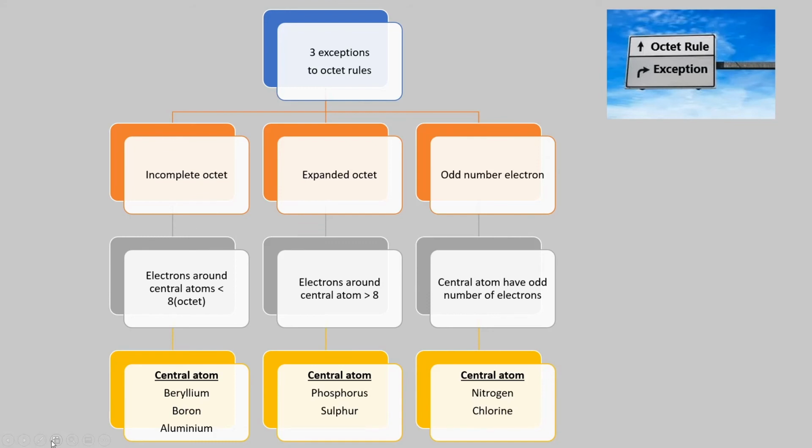Janggal tu awkward. So, it's ganjil. Right. So, kalau awak dapat, tiba-tiba awak dapat satu je elektron. Dia tak pair. Kalau awak tengok, lepas awak susun, awak ada leftover electrons awak nak susun kat central atom kan. Tapi awak tak tinggal dengan 2 ataupun 4. Dia tinggal 1 ke 3 ke. So, it will get odd number of electrons.